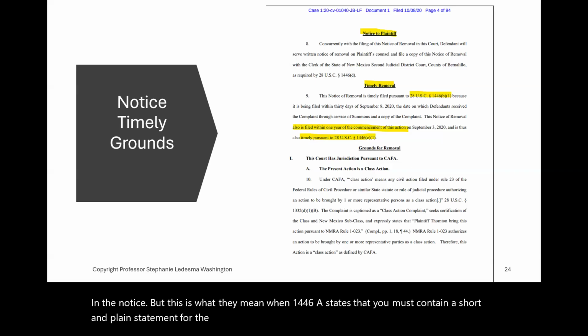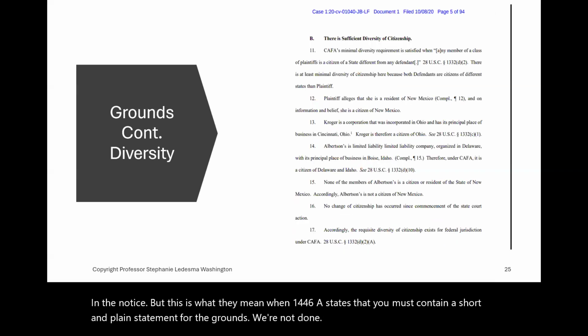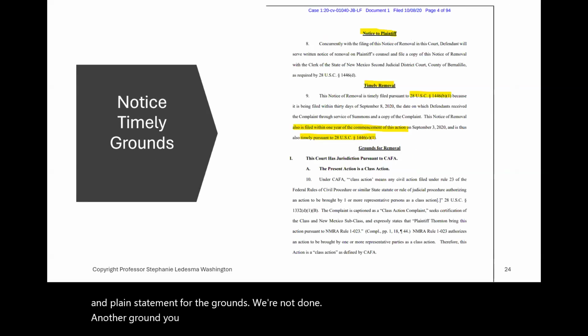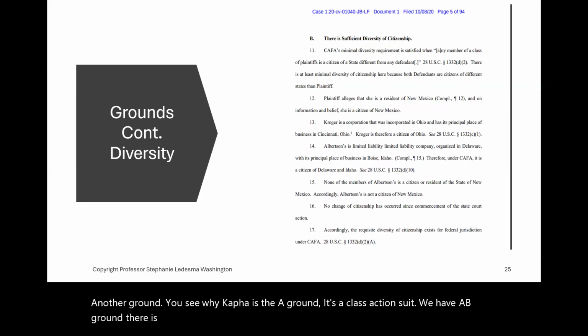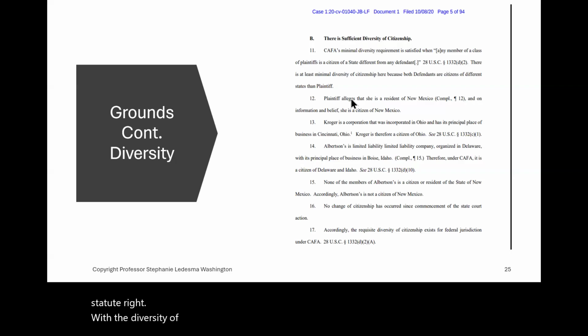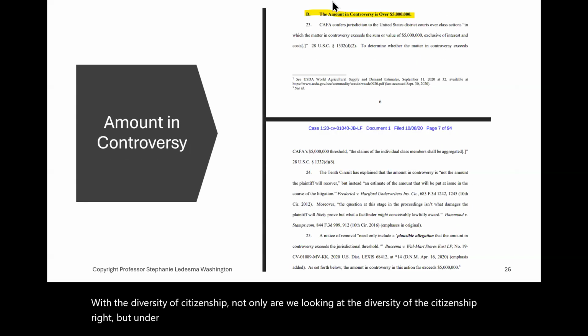We're not done. Another ground, you see why CAFA is the A ground. It's a class action suit. We have a B ground. There is sufficient diversity of citizenship. And we see the statute, 1332. We've got the statute, right? With the diversity of citizenship, not only are we looking at the diversity of the citizenship, but under diversity, we also must consider the amount in controversy.